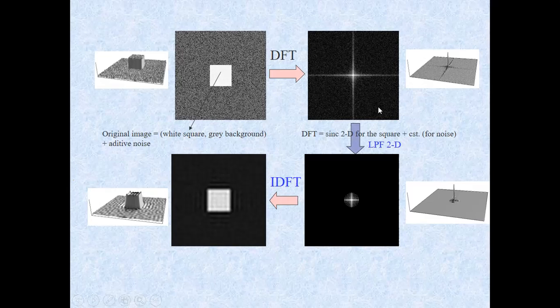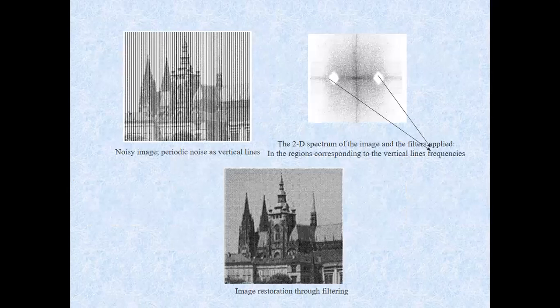If you want to enhance edges, you need to apply high pass filtering. If you want to remove periodic noise, you have to apply a band stop filter to stop only that band of the periodic signal, as seen here. This image is affected by sinusoidal noise, and you can stop only this band. Then the image will be clean.